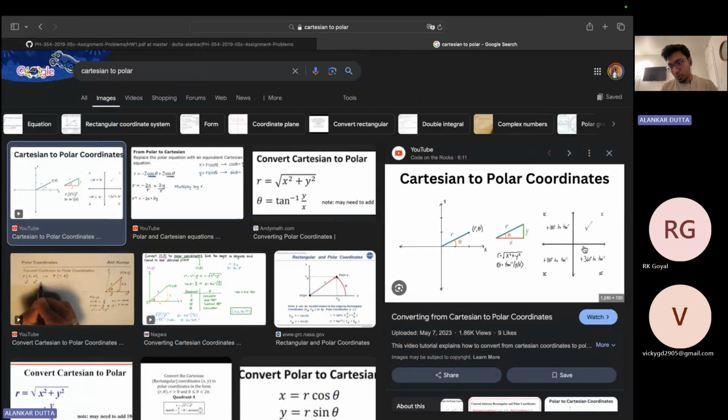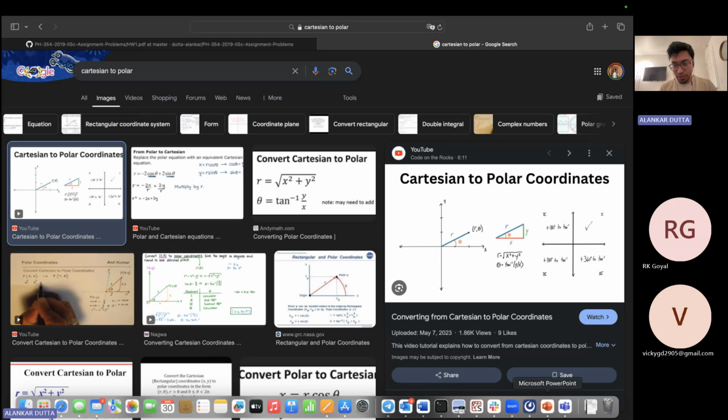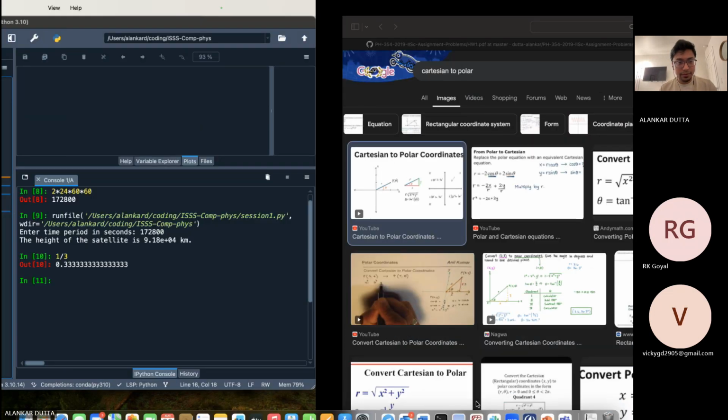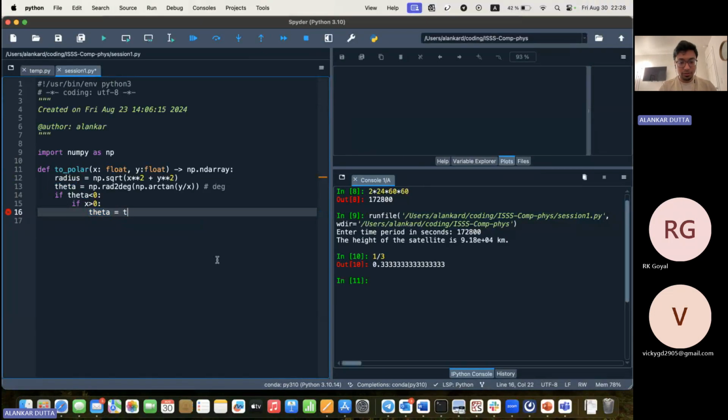If I'm in the fourth quadrant, the theta is this in the counterclockwise direction, but I want to go in the clockwise direction. So I'll add 360 degrees to it. So 360 minus this, I already know it's minus something which the theta has given me. So I'll add 360 degrees to it. That keeps everything positive, and I'm in the fourth quadrant. So I'll do theta equals theta plus 360.